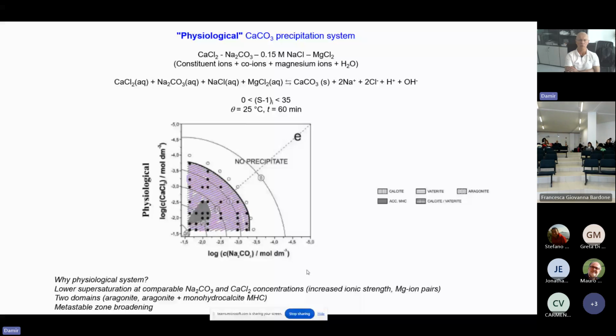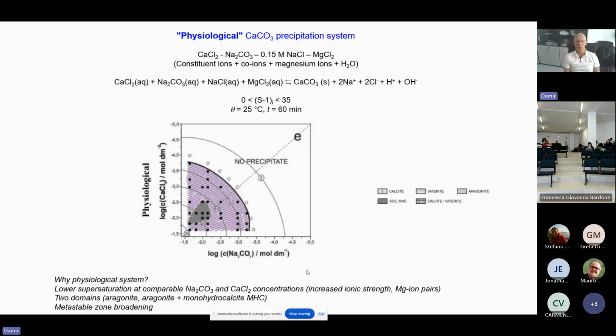Ionic strength was increased by the addition of sodium chloride at a concentration of 0.15 moles, and magnesium chloride was also introduced into this system. Magnesium, as I explained before, is a very important ion in connection to calcium.